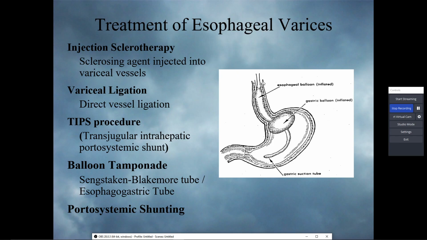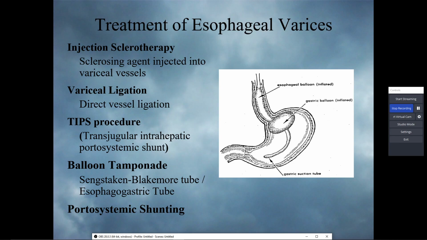Let's talk about one of the most interesting little setups here. This is called the Sengstaken-Blakemore tube. And this right here is indicated in patients that have active esophageal variceal bleeds or lesions. And look at the structure, it's a balloon that comes all the way down and is inflated, almost like an angiography of the coronary arteries.